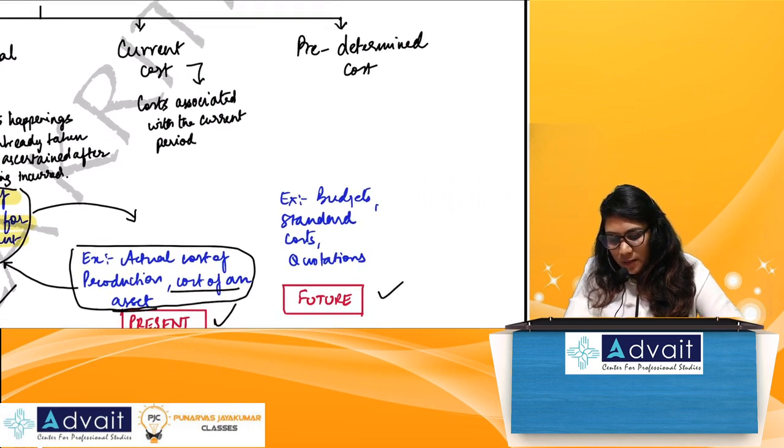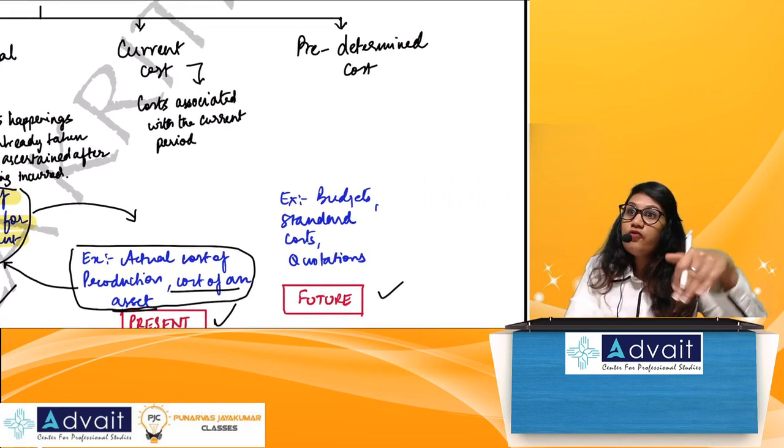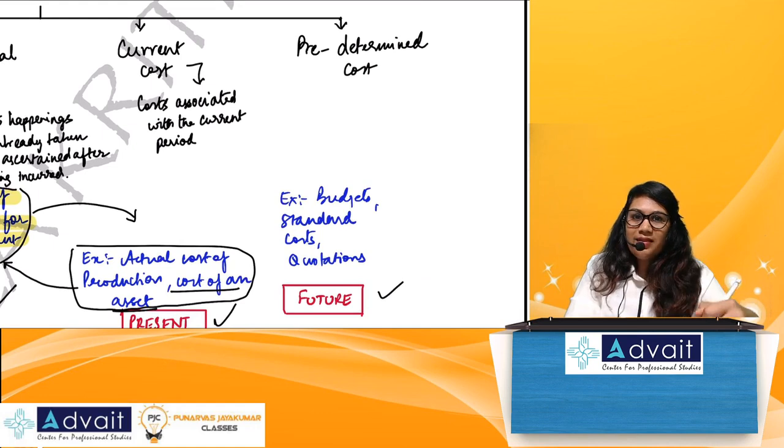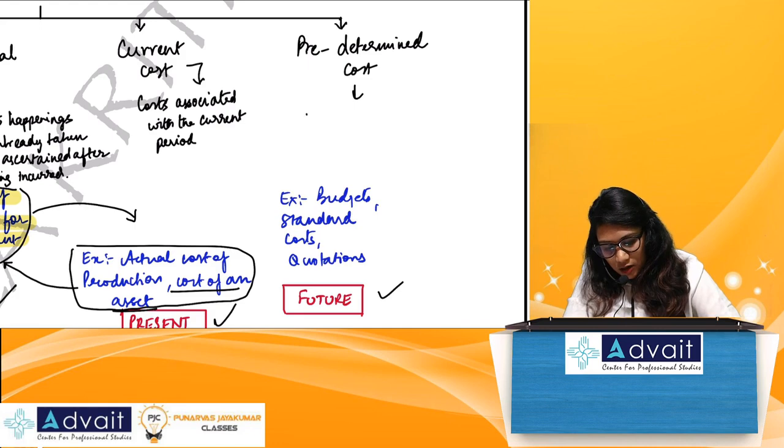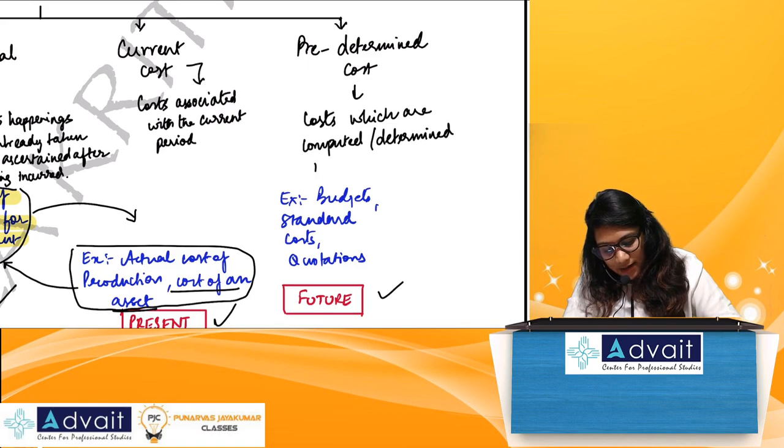What is predetermined cost? Future. My month hasn't even started, but I have already figured out what the cost will be. Estimated cost, predetermined cost. So what will you say? Costs which are computed or determined in advance.